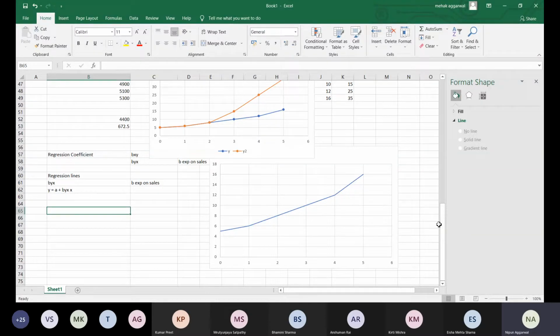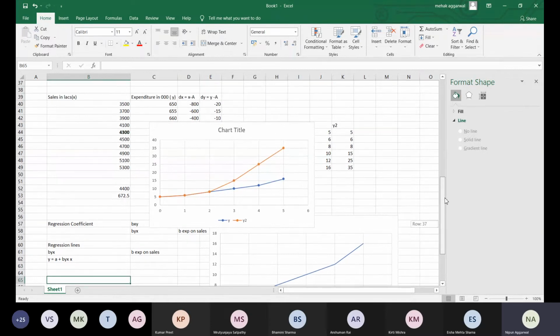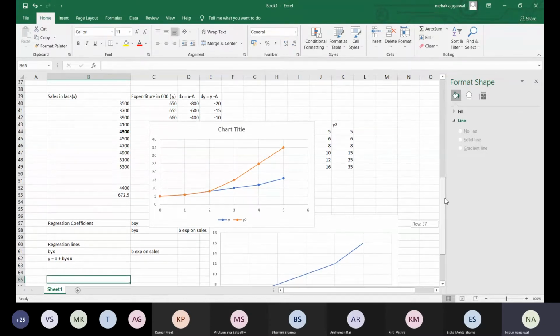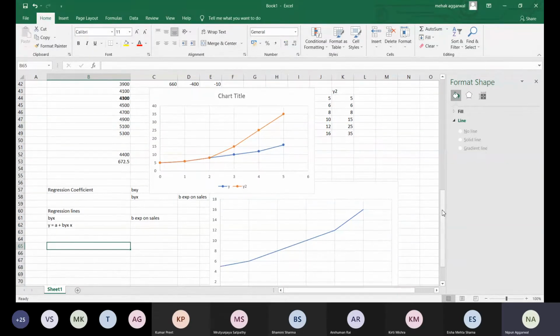The first thing you have to identify in regression is what is asked. If it is asked y on x or x on y, you have to take care of that by reading the question.